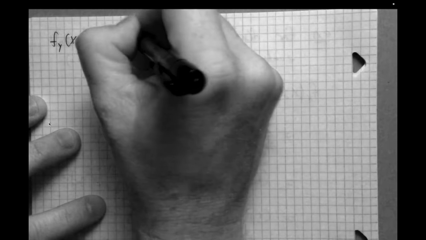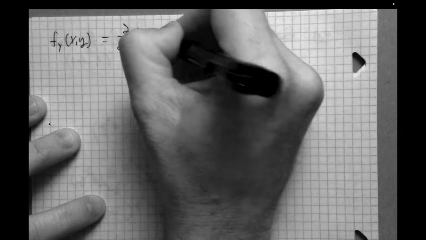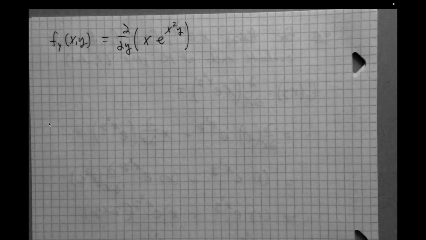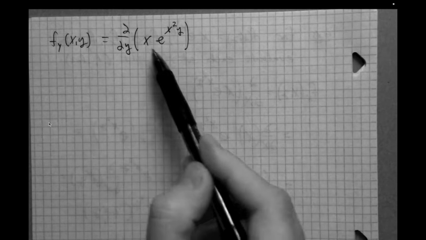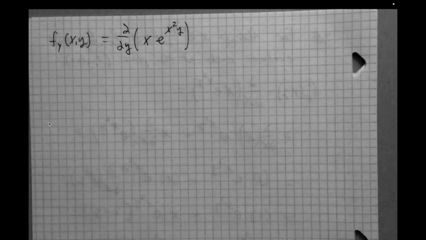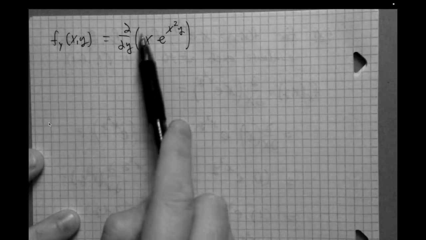So this would be ∂/∂y of x e^(x²y). Now, in the previous example, we used the product rule, right? Because we had x times e^(x²y), so it's kind of a product of two functions. Now, that was when we were differentiating with respect to x. Now, when we differentiate with respect to y, things are different, right? Because in the case of the partial derivative with respect to y, x is just a constant.